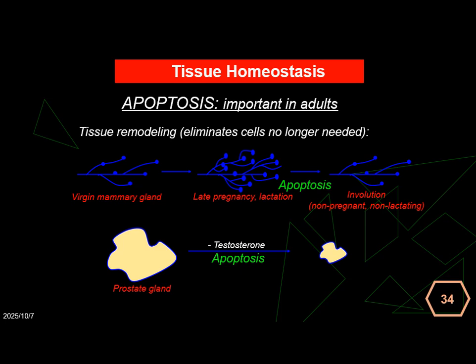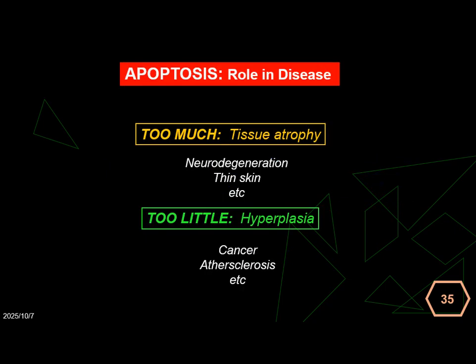After they deliver the baby, the hormones change, so you need apoptosis to allow the mammary glands to retract to normal size. Also for the prostate gland, without testosterone, it shrinks. Apoptosis is initiated.